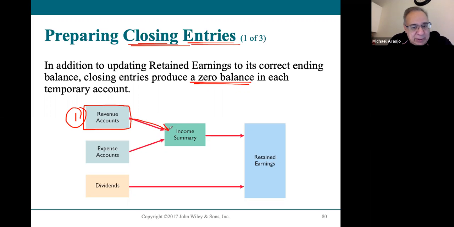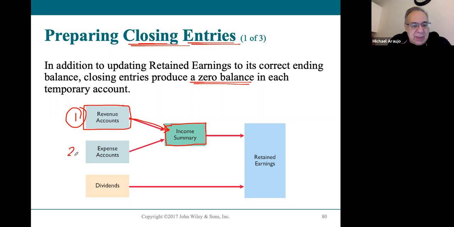We temporarily transfer it into this account called income summary. So the very first step is we close the revenue account with the debit and we move the credit over to income summary. Now the revenue account has a 0 balance because the credit side and the debit side are equal, right? If you have 10,000 of credits and 10,000 of debits, there's no balance in the account. That's the close.